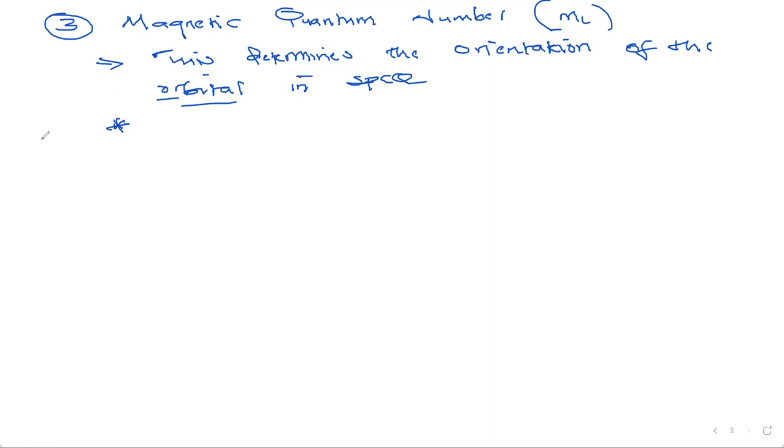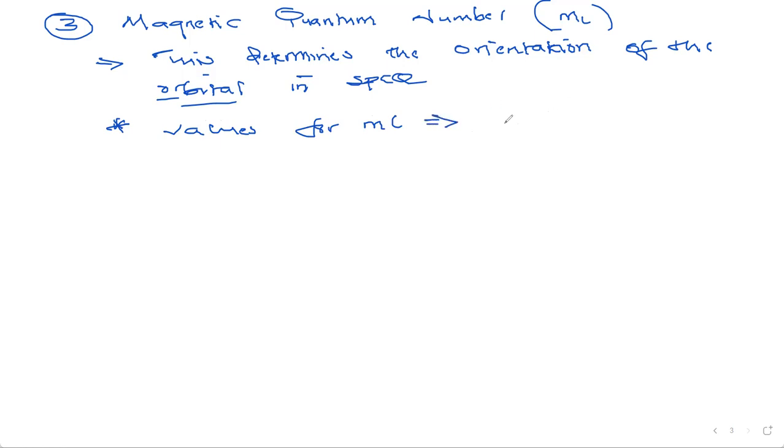Now, we have values for the magnetic quantum number. How do the values of ML appear?